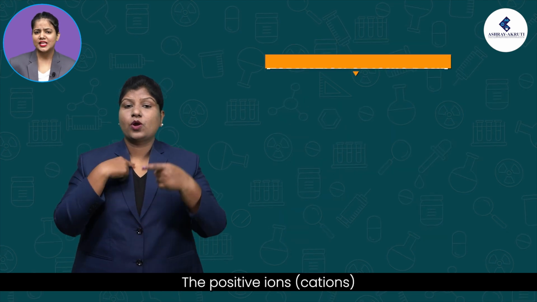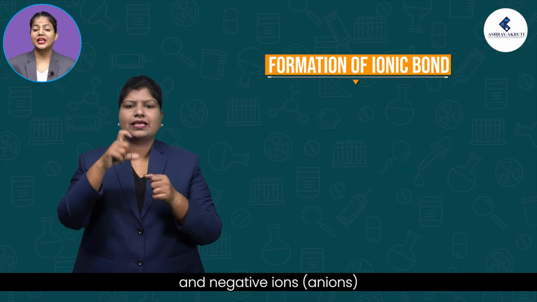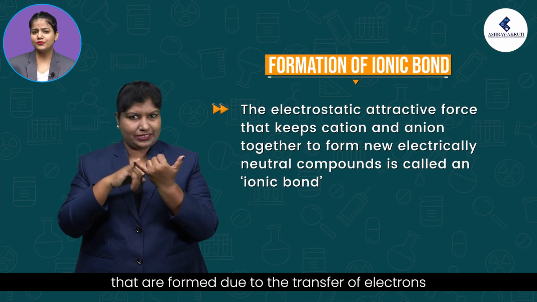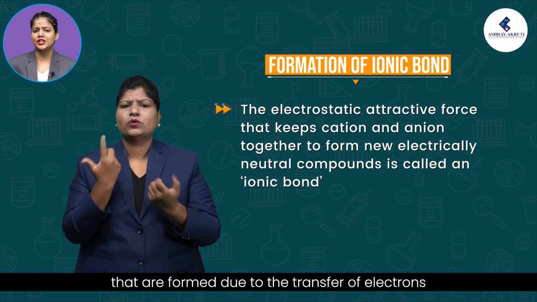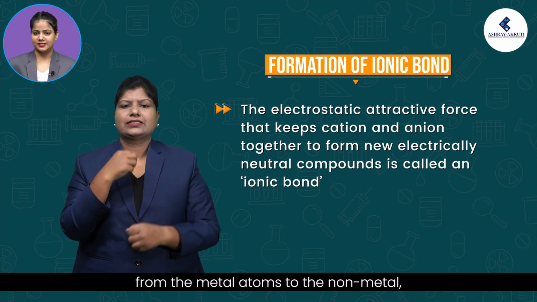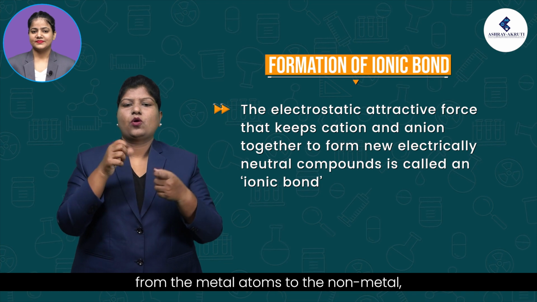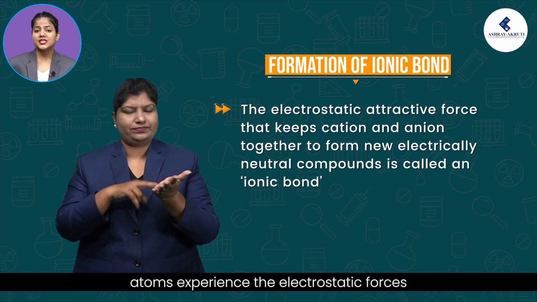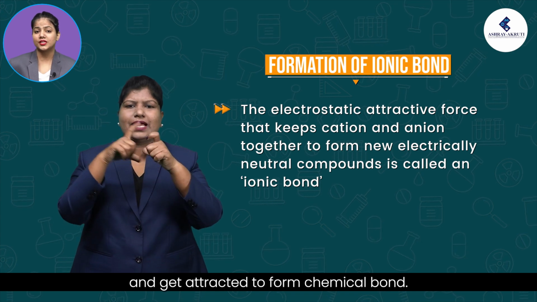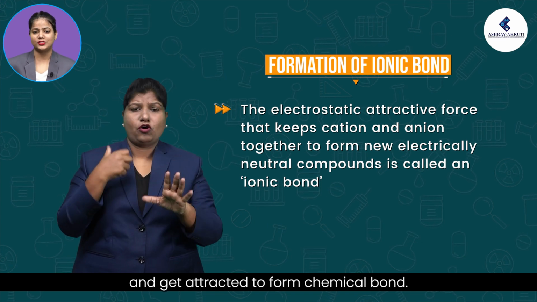The positive ions, cations, and negative ions, anions, that are formed due to the transfer of electrons from the metal atoms to the non-metal atoms experience electrostatic forces and get attracted to form a chemical bond.